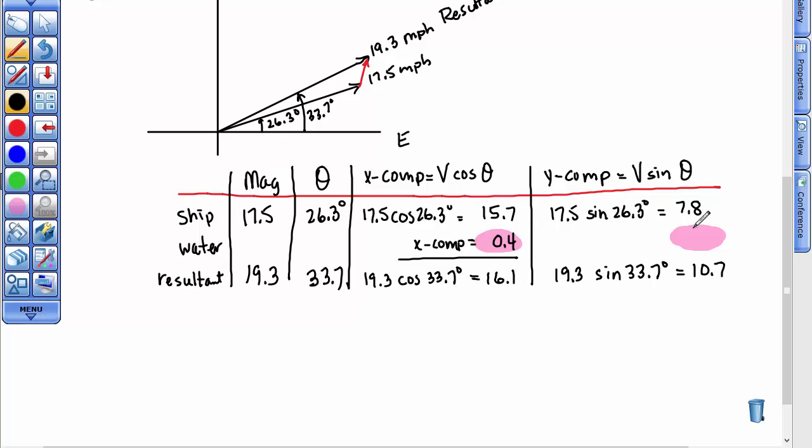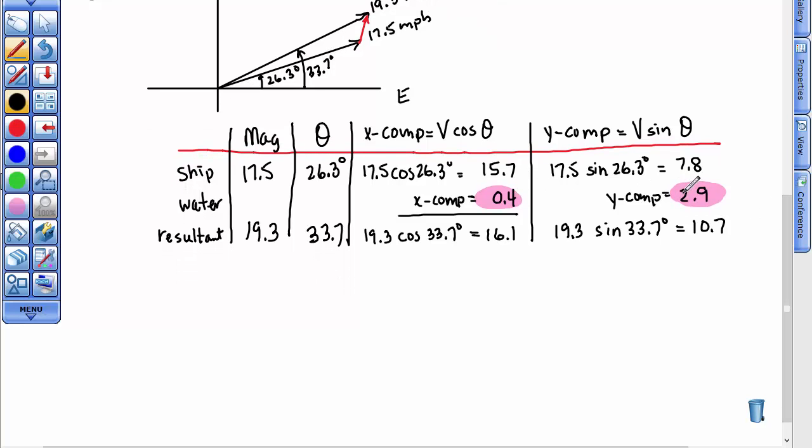And 7.8 and 2.9, this is the y component for the water. Those two add up to be the 10.7. So these two items in pink give me the x and y components of this red line right here.